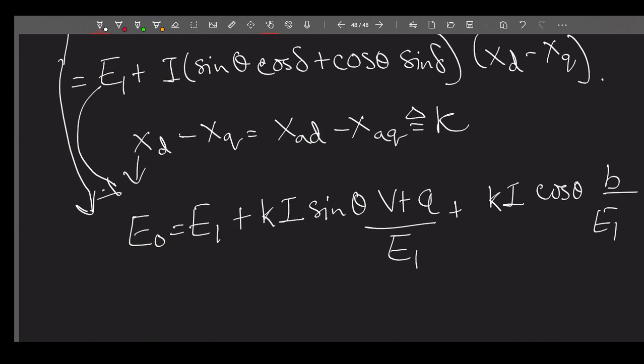Now the value of actually why we are doing all this, because we are interested to find out the value. Now this value we can figure out from like the graphical procedure.